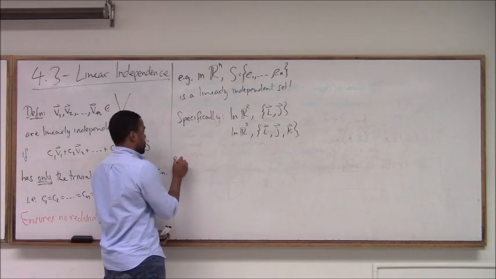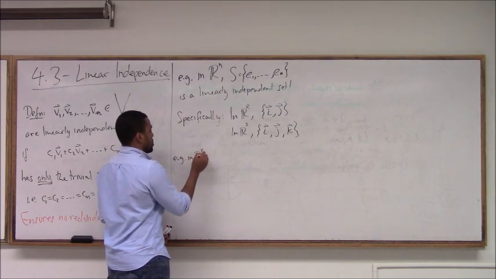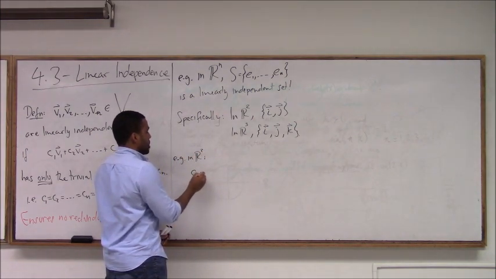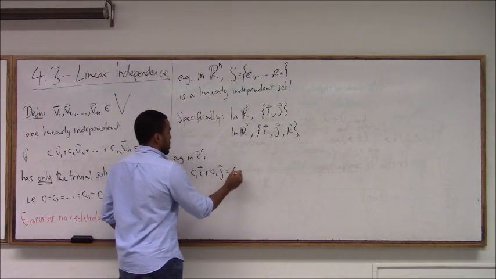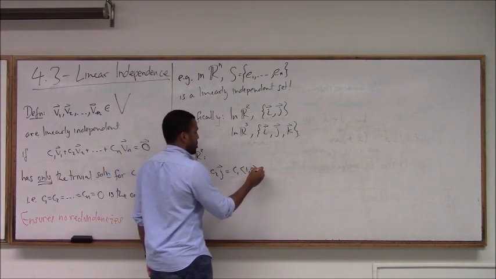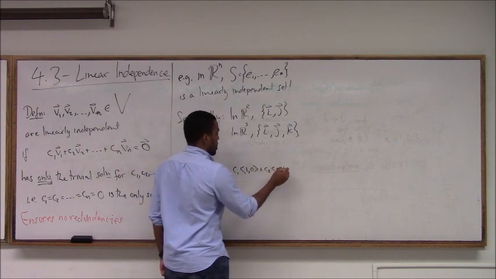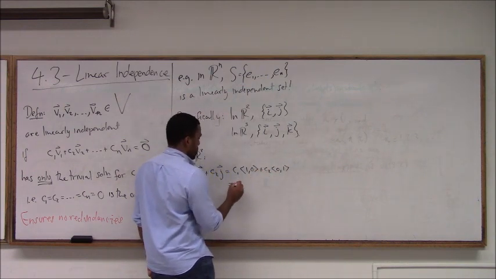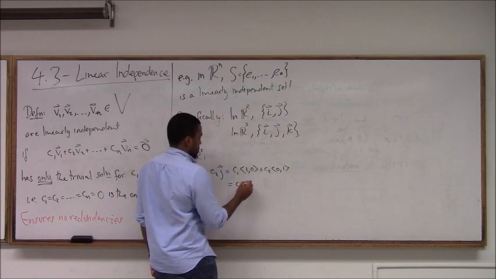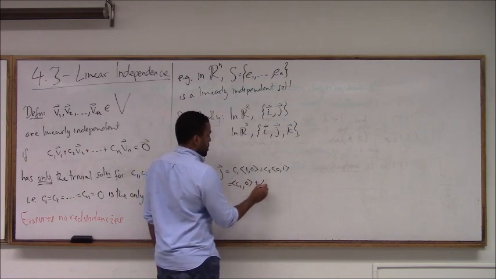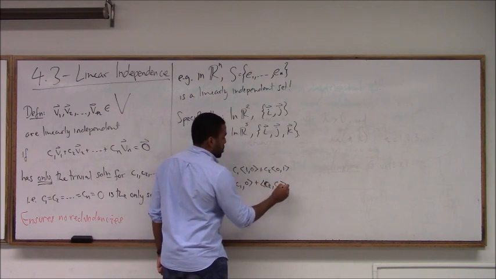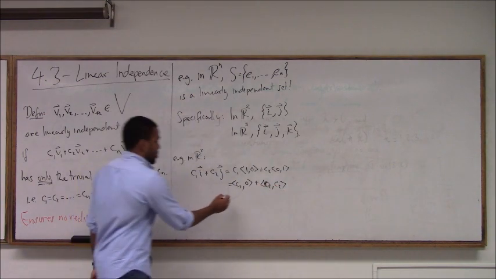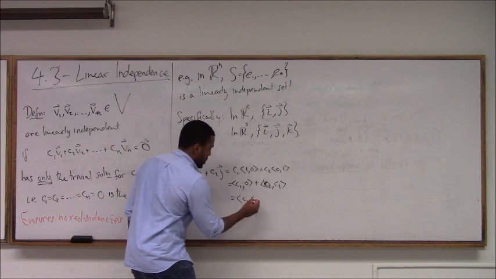So, example, in R2, if you set up c1 times i plus c2 times j, that's just c1 times the vector (1, 0) plus c2 times the vector (0, 1). This is just equal to (c1, 0) plus (0, c2), which is equal to (c1, c2).